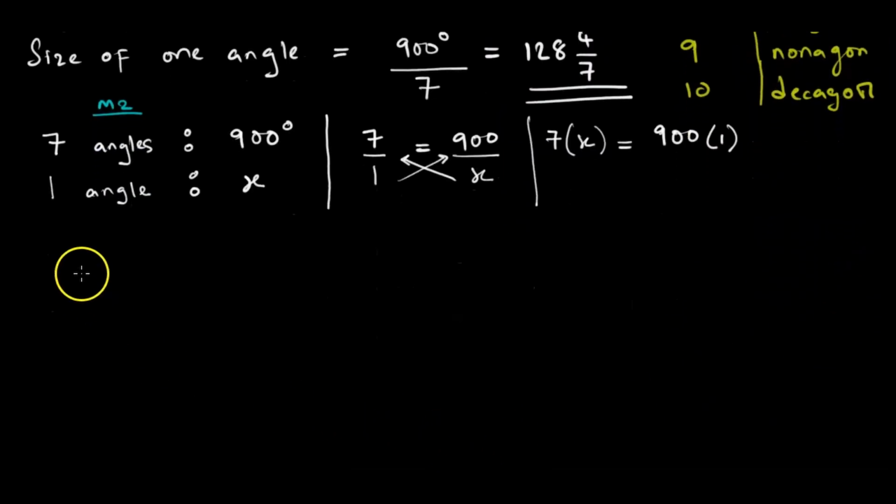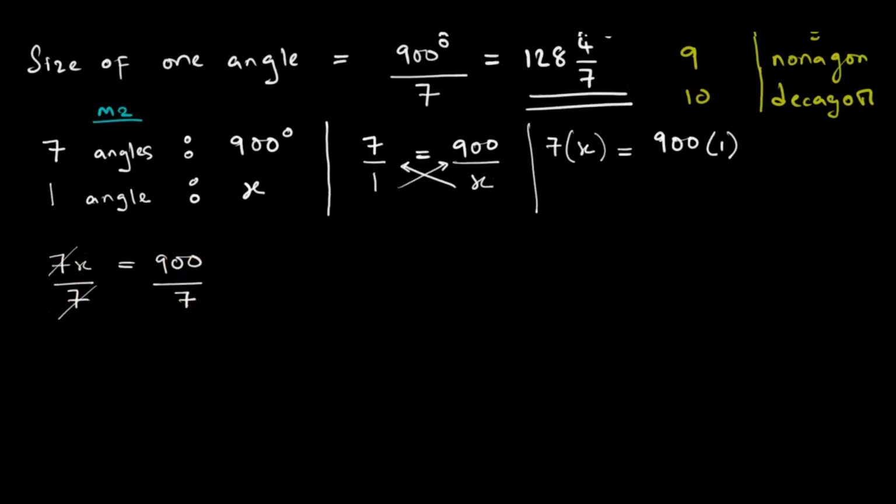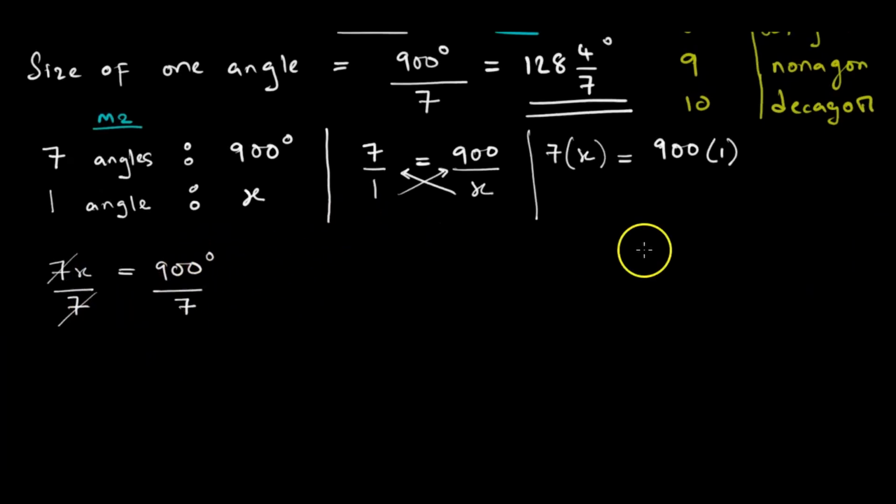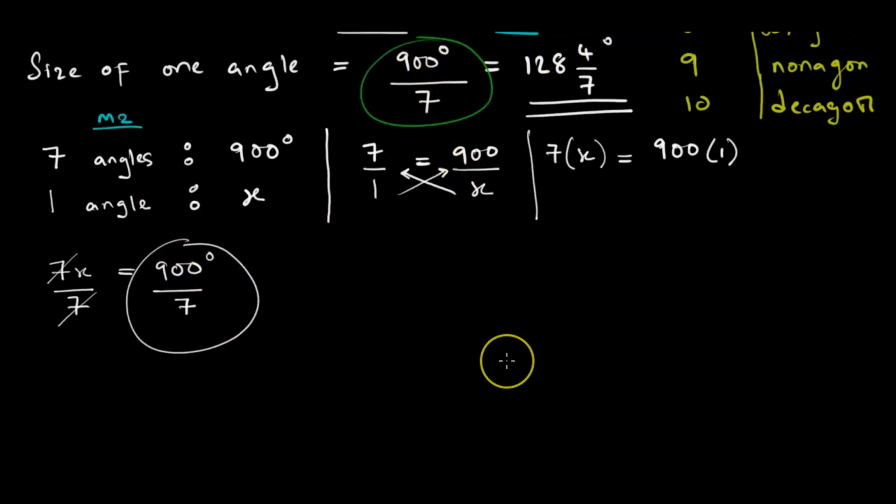Which then means 7x is equal to 900. To find x, we divide both sides by 7. The 7s cancel, and x is equal to 900/7. And before we even try to work anything out, looking at this you will see that 900/7 is the same thing we did here.